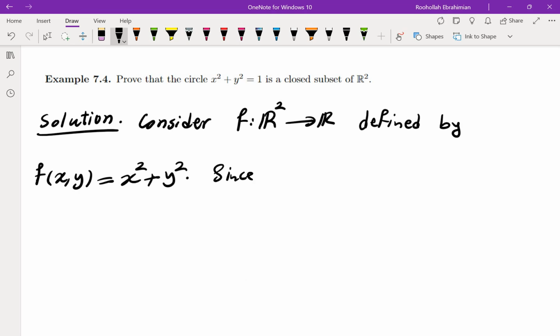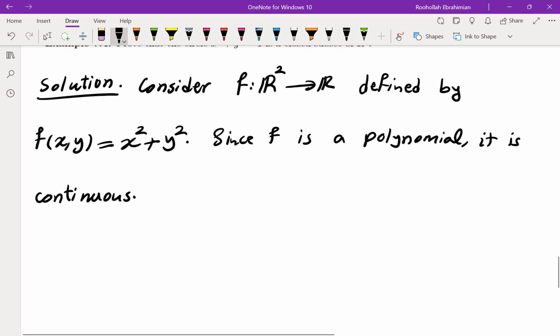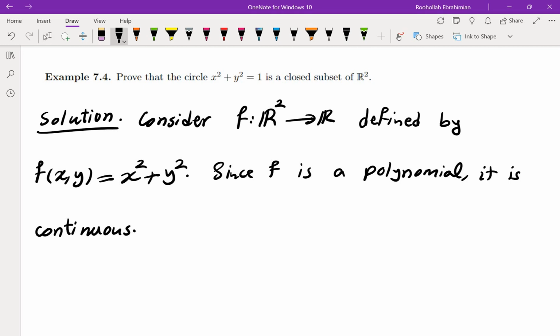So since f is a polynomial, it is continuous. Okay, now we know it's continuous, therefore the pre-image of every closed set is closed. So the given circle is f inverse of 1.